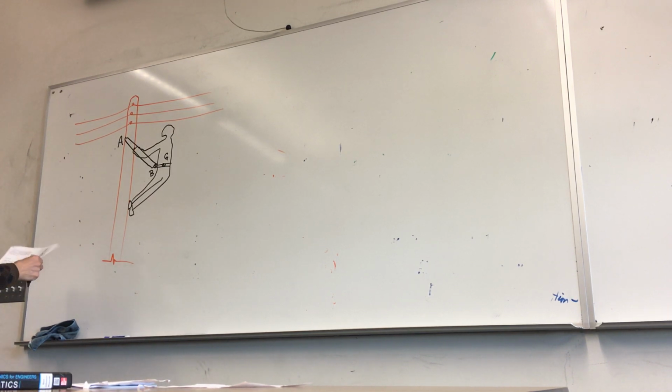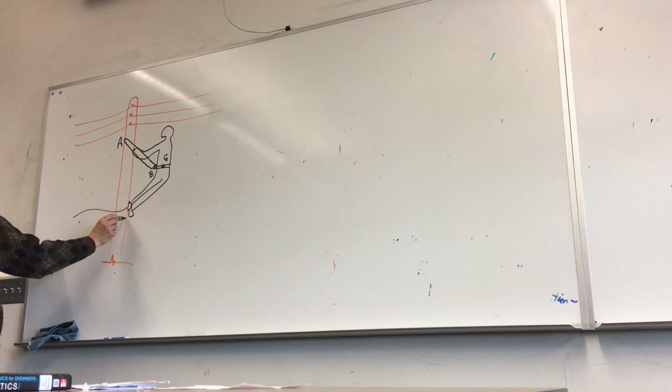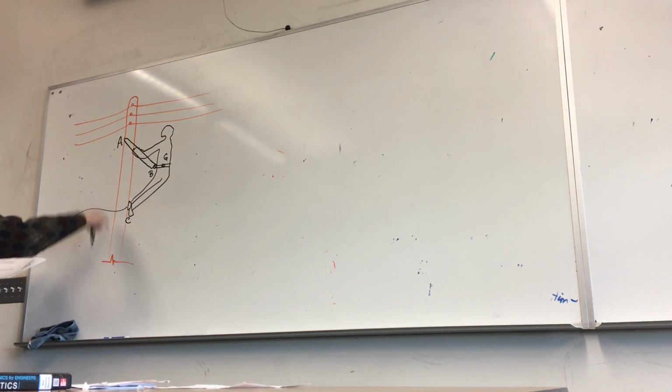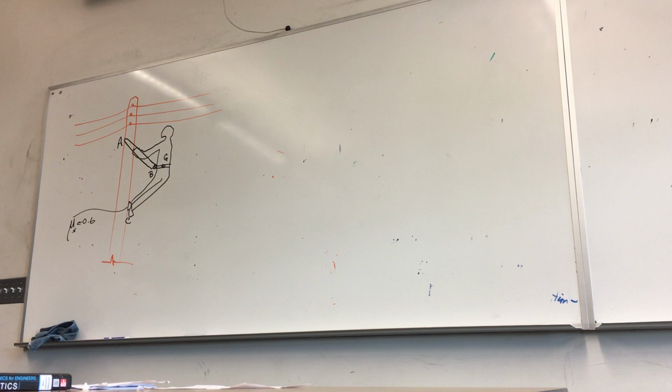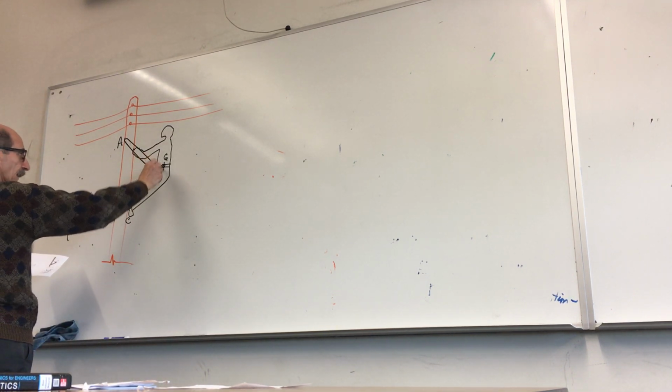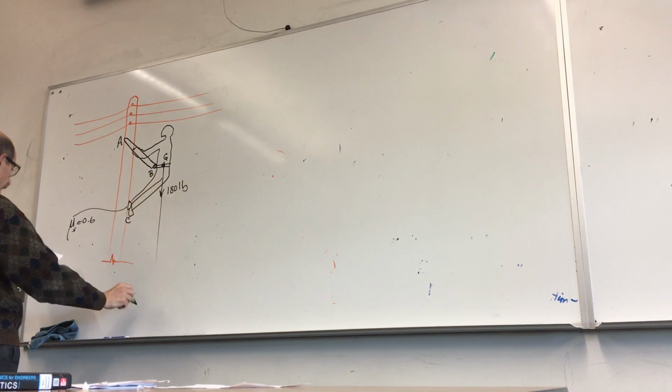And the problem statement is this. We know that he's wearing some good shoes, so at this point of contact between his shoes and the pole, there is a static coefficient of friction of 0.6. And this guy weighs 180 pounds.